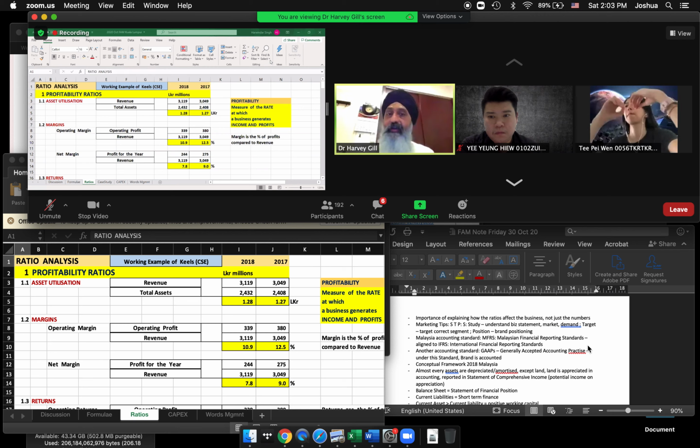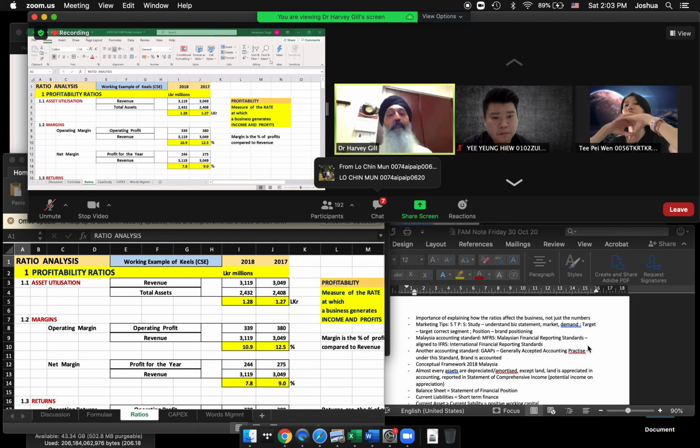Your profit can be a gross profit, an operating profit, or a profit after tax, what we call profit for the year. And then we of course looked at the statement of changes in equity and the cash flow statements.